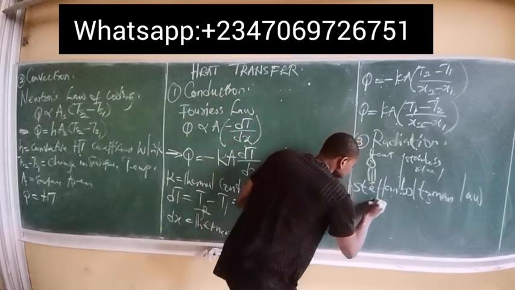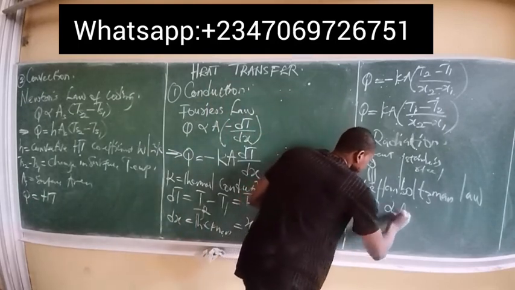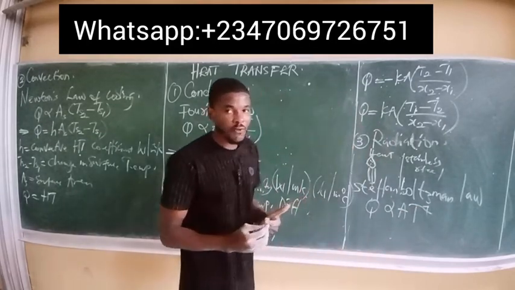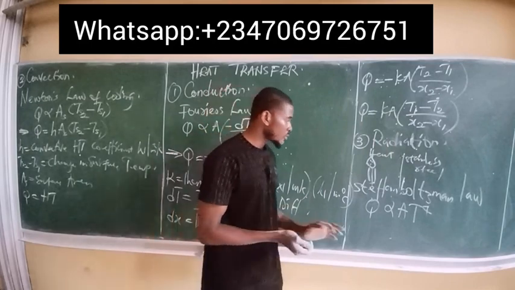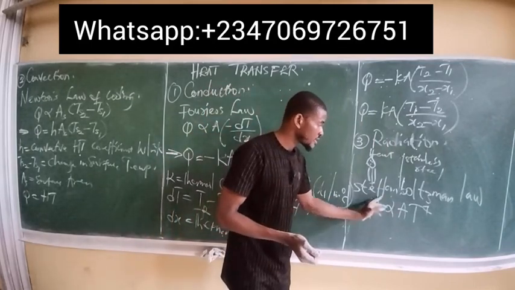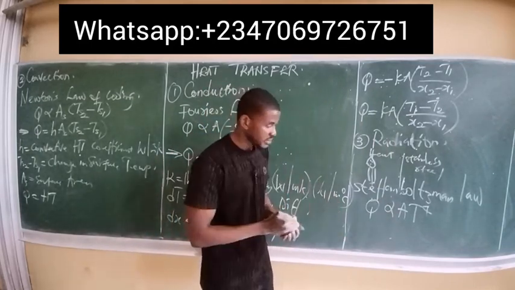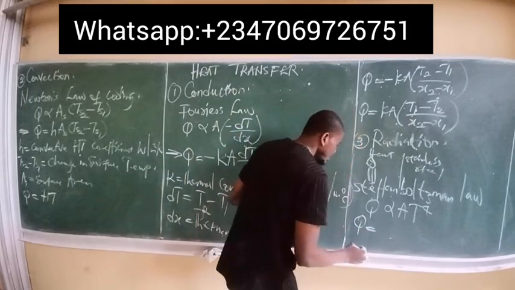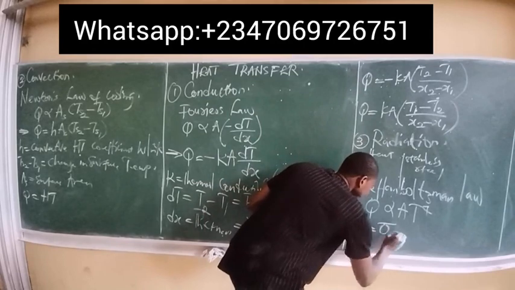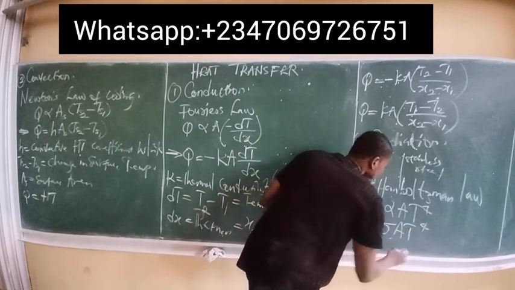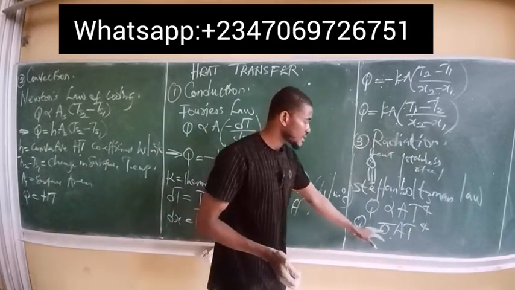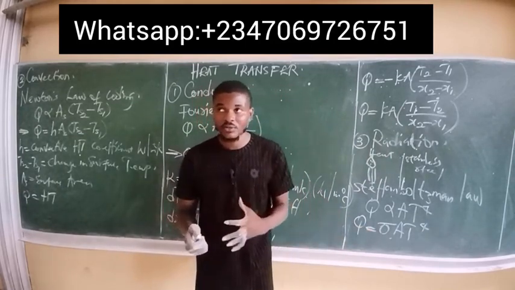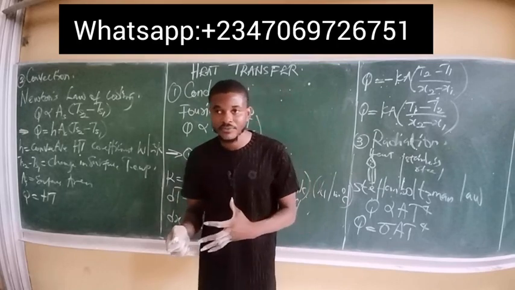As always, if we remove this proportionality sign, we introduce a constant. Therefore, heat transferred is now equal to sigma A T to the power of 4, where sigma stands for the heat transfer coefficient by radiation.